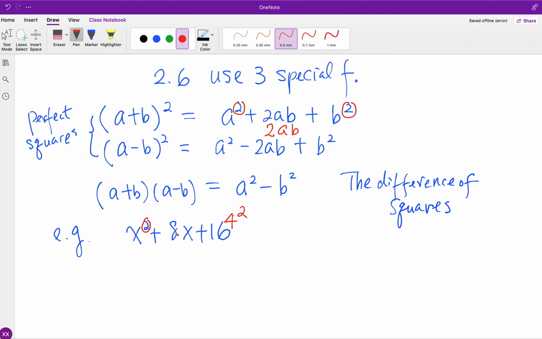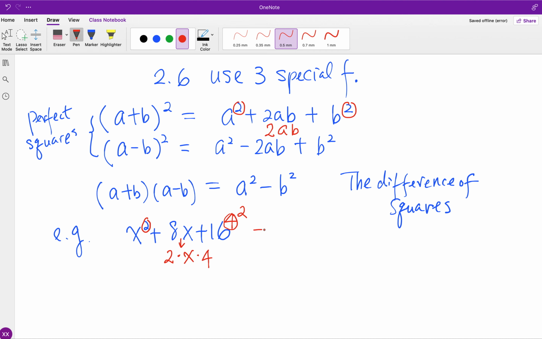So now, for example, this one is the 8x. It is 2 multiplied by this x here, and then multiplied by this 4 here. See? That gives me 8x.